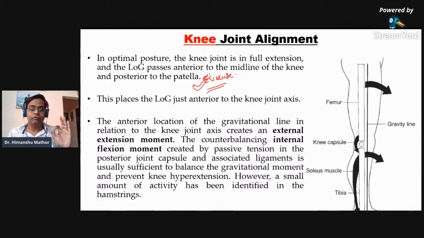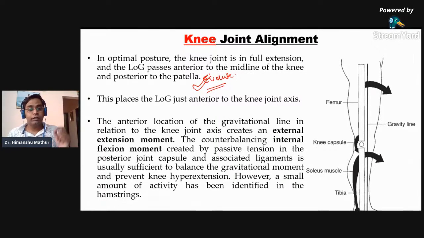So if everybody of us does not have this hyperextension or genu recurvatum situation, in that case there are some structures which are still counteracting the over hyperextension torque which is being generated by the placement of the plumb line. We know that the placement of the plumb line and the line of gravity favors hyperextension, but still hyperextension does not happen in everyone.